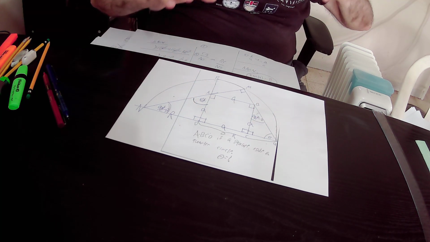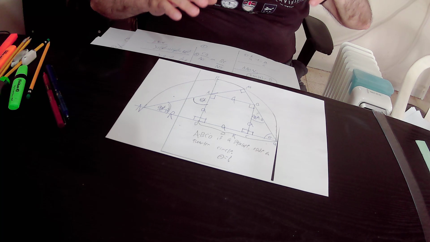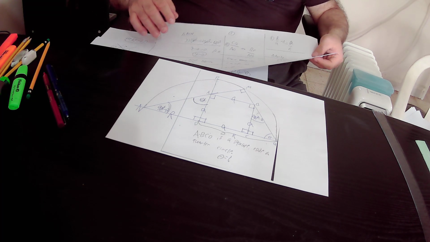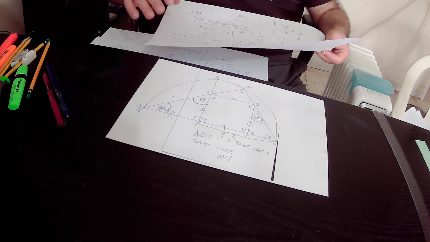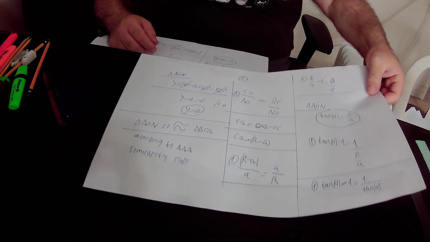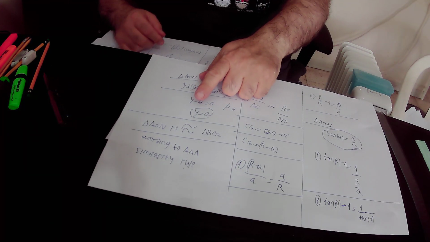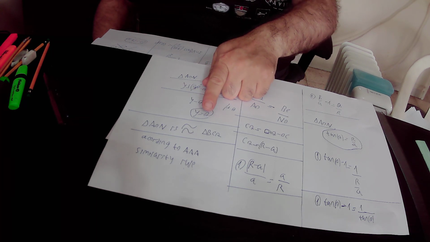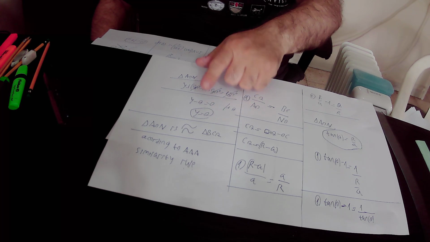Therefore, those two triangles have all three angles equal to each other, so they are similar according to the angle similarity rule. The right triangle, triangle AON, is similar to the right triangle, triangle BCQ, according to the angle similarity rule.